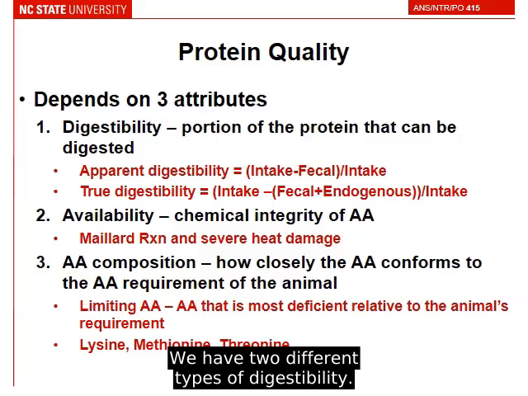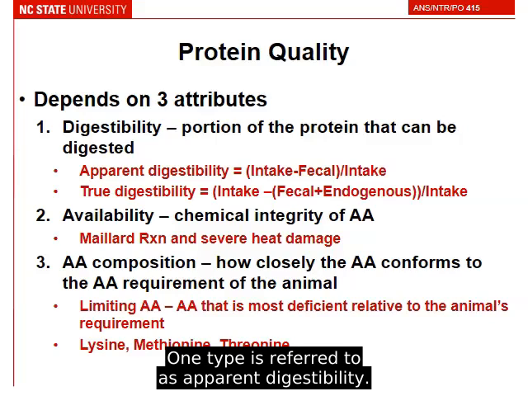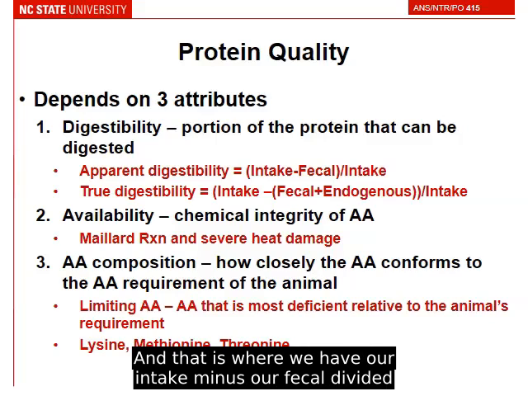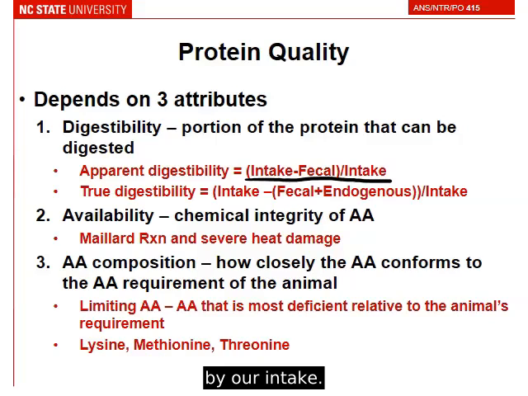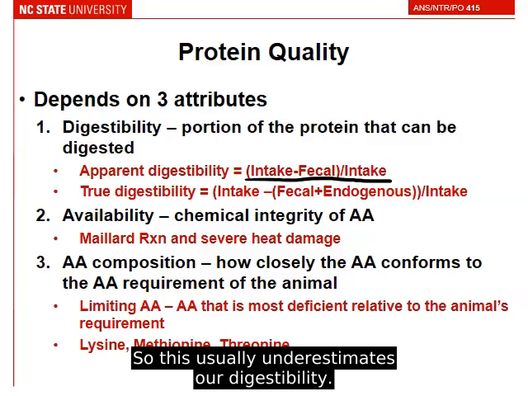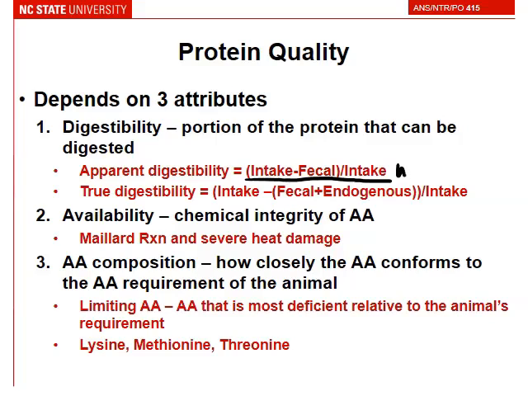We have two different types of digestibility. One type is referred to as apparent digestibility, and that is where we have our intake minus our fecal divided by our intake. So that's apparent. So this usually underestimates our digestibility.